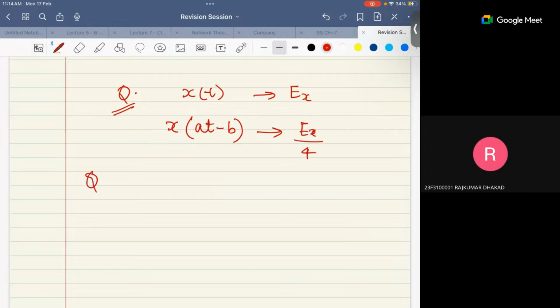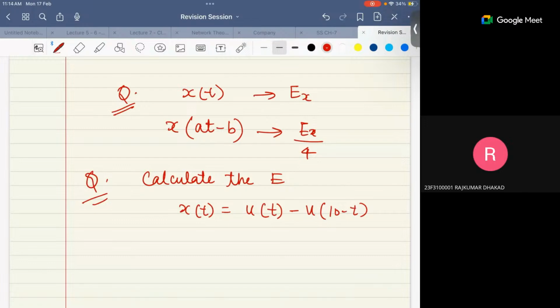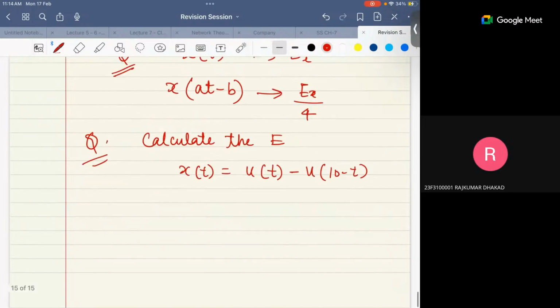The next question is to calculate the energy for a signal given as u(t) minus u(10 minus t). Calculate this. I'm giving you 2 minutes. This is pretty simple. You calculate it.